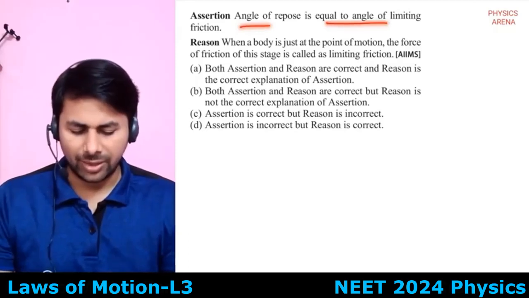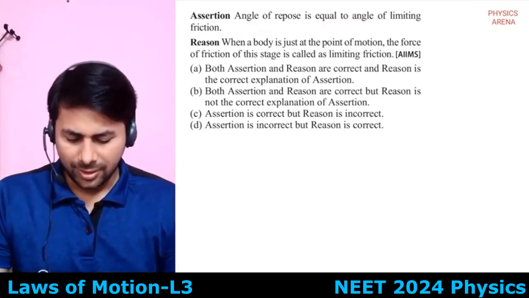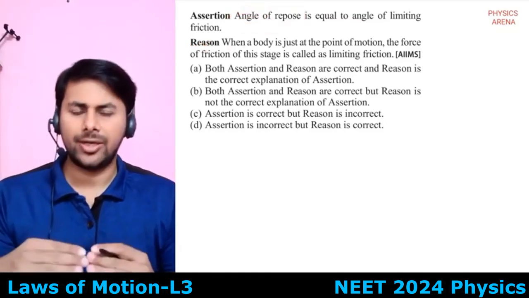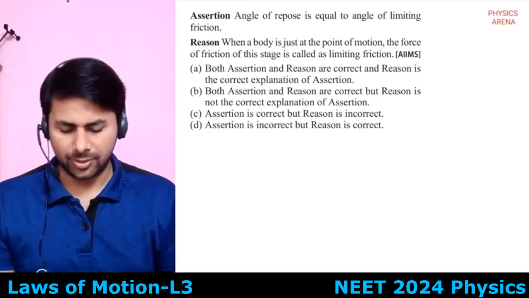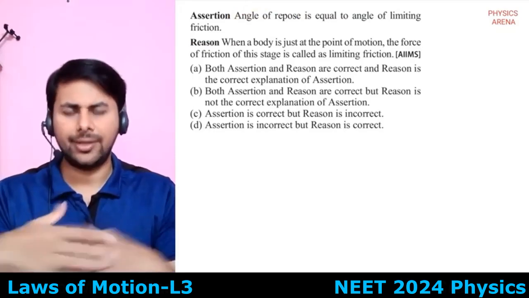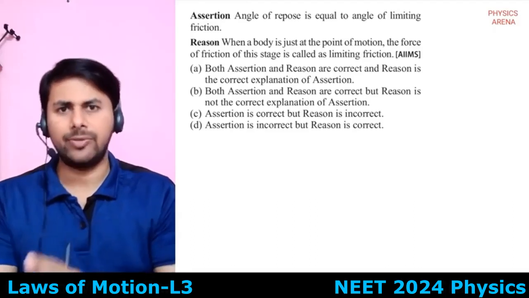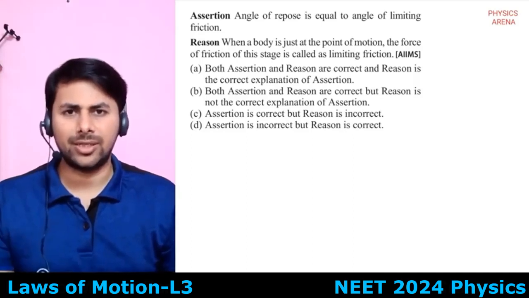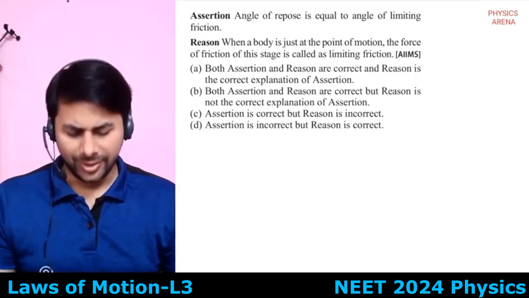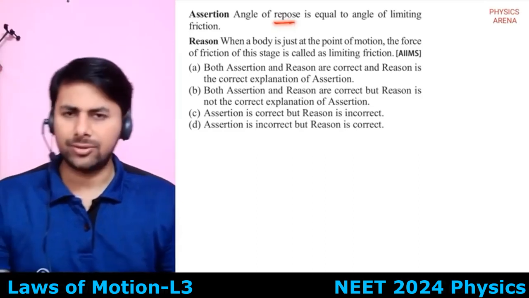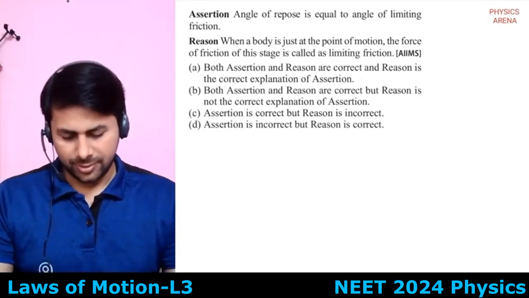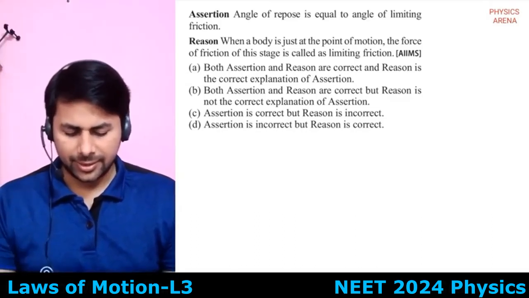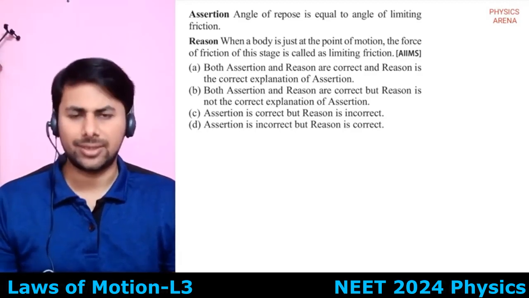So when will the angle of repose come? When you have an inclined surface and the body just begins to slide. That's why mu s is equal to tan of the angle of repose, and that's why it is equal to the angle of friction. So the answer is: both assertion and reason are correct, and reason is the correct explanation of assertion.